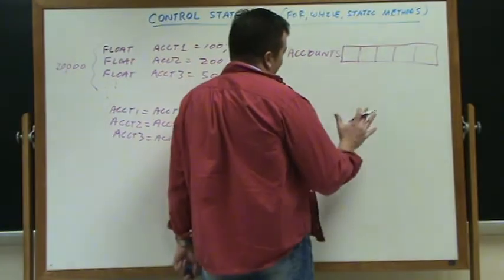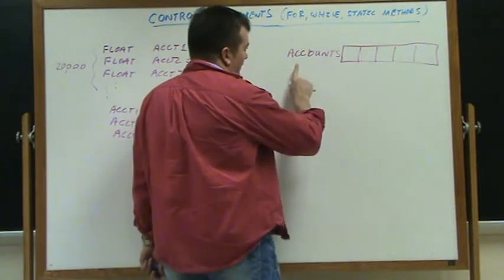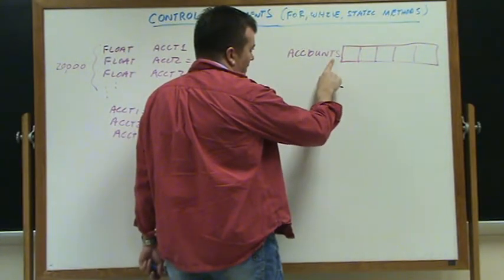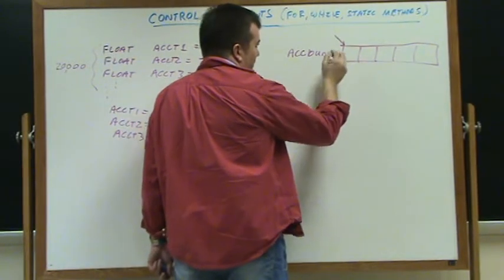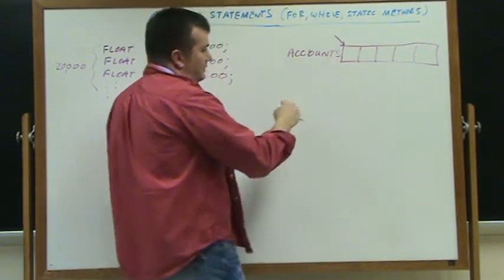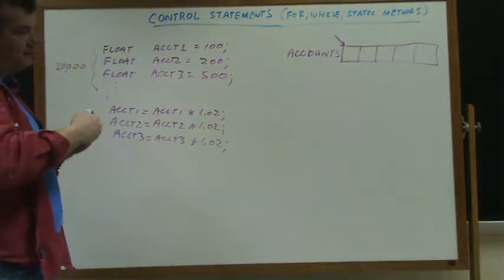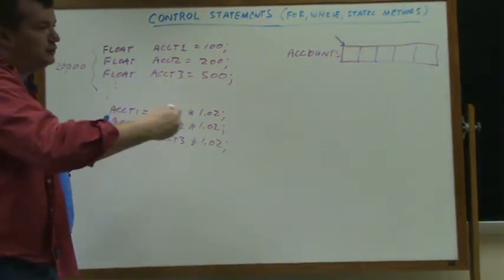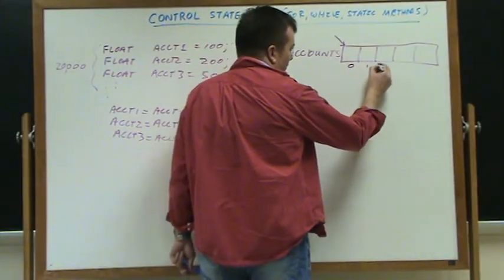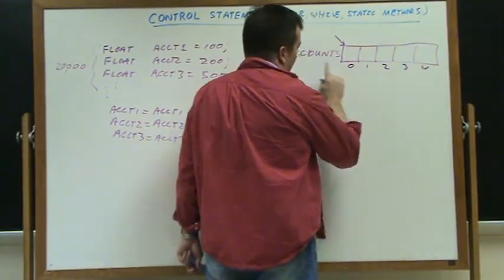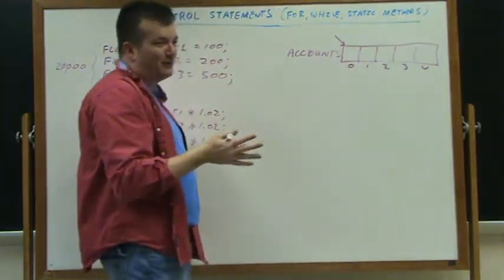But what they like to do is say this is a location in memory, starting right here, addressed by the word accounts, and then we say how much more we want to add to that. If we started with 0, then accounts plus 0 means go to the very beginning and go to the first one.